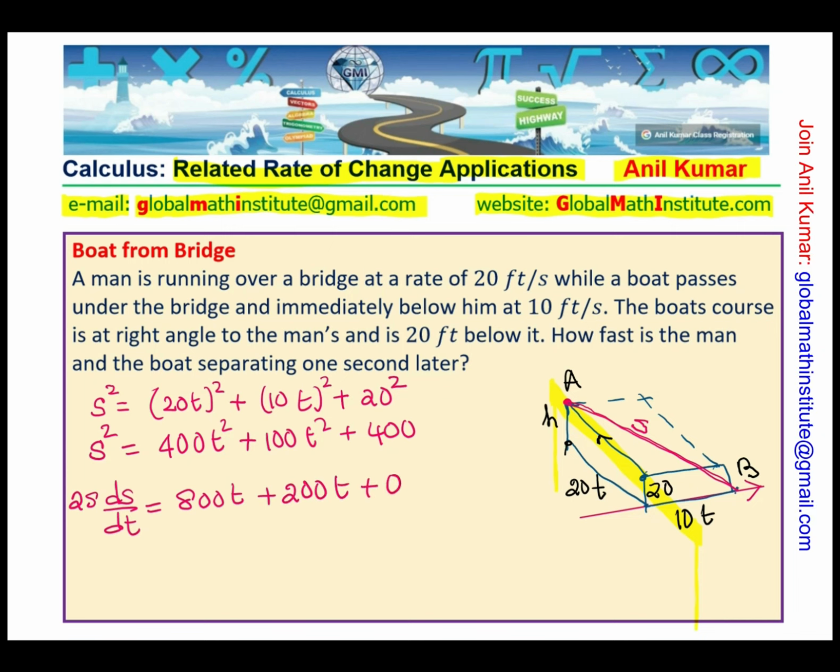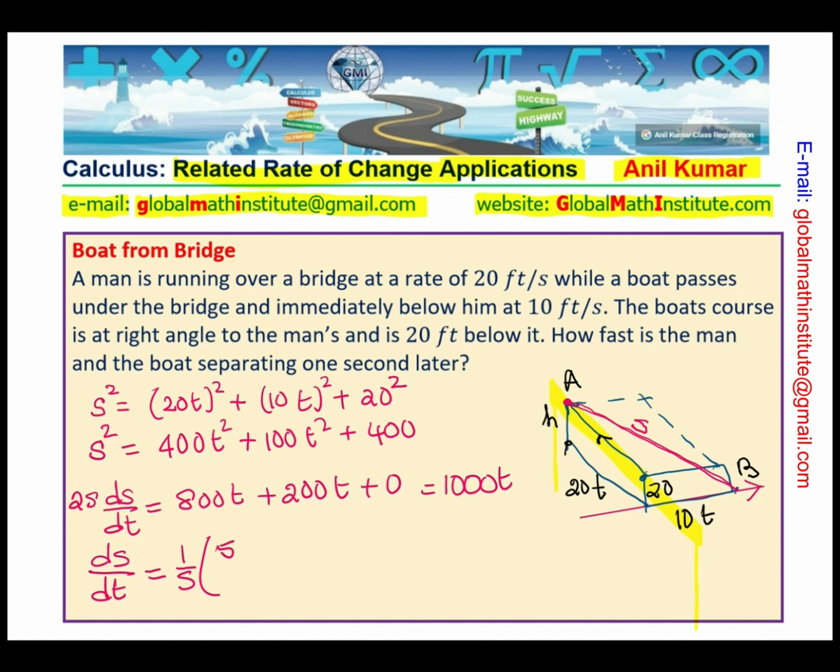Plus that is 0. Now dividing by 2, we can write that ds/dt is equal to, you can also divide by s, the separation between them, right? So I'll write 1 over s, and dividing by 2 all these numbers, basically it is 1000t, right?